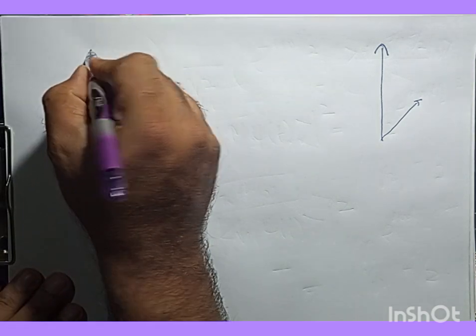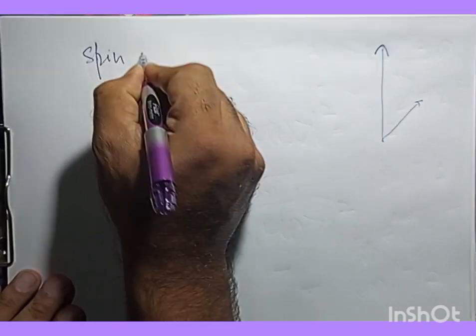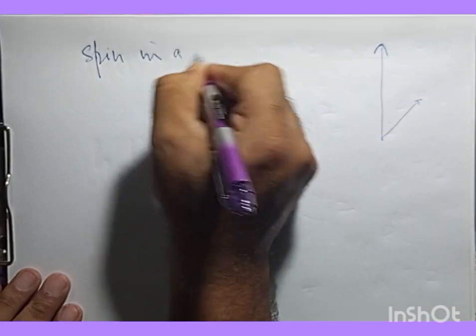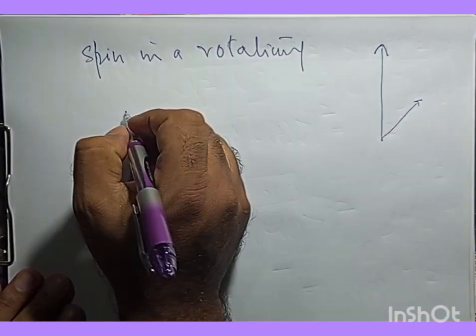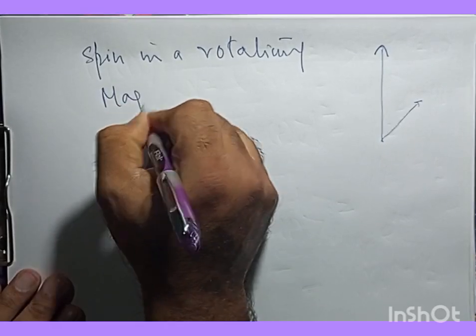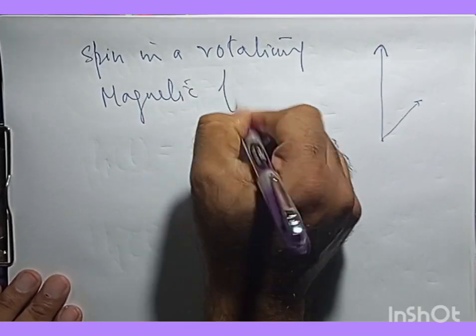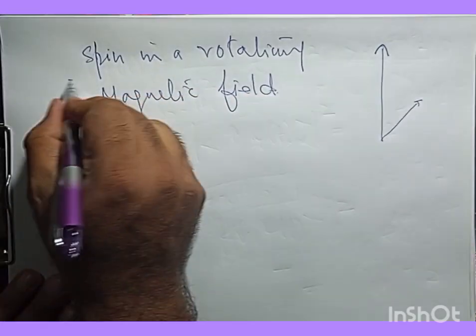So now after this, let's go a little bit more ahead in this discussion, and let's try to analyze spin in a rotating magnetic field. Let's try to analyze this.